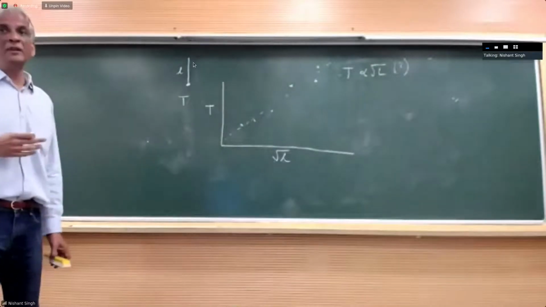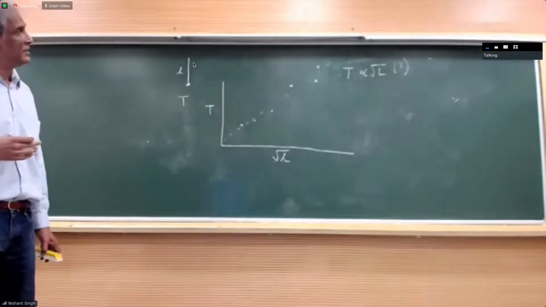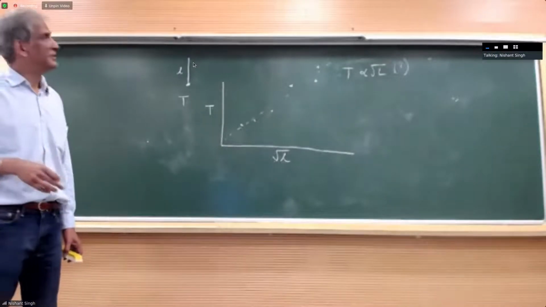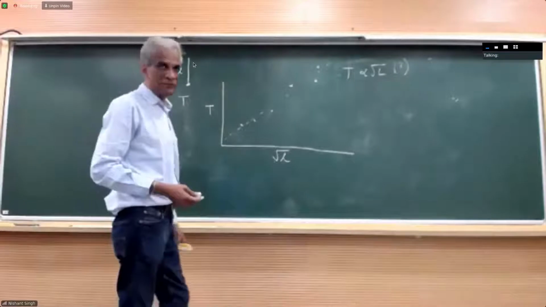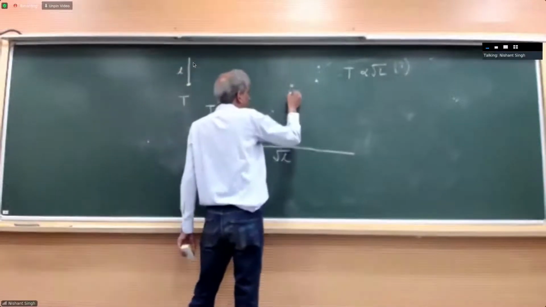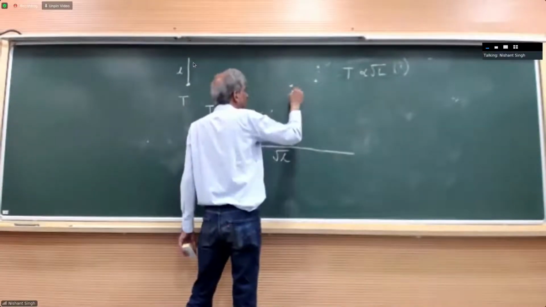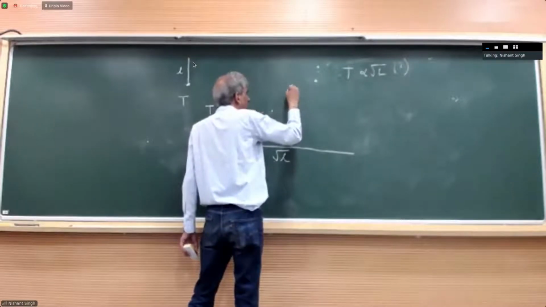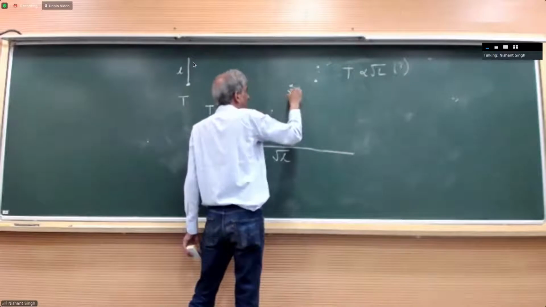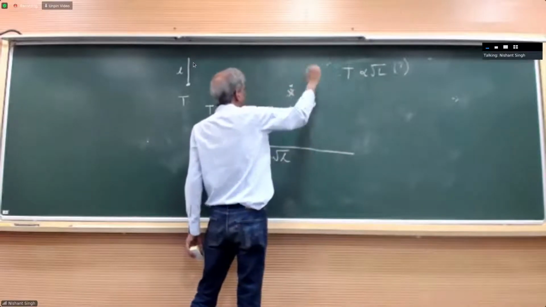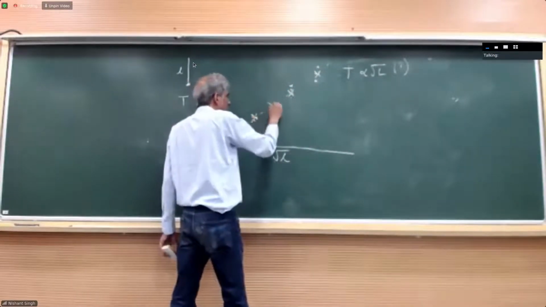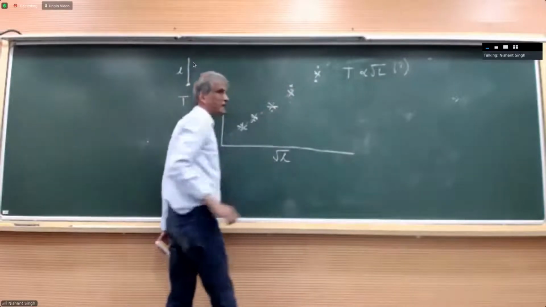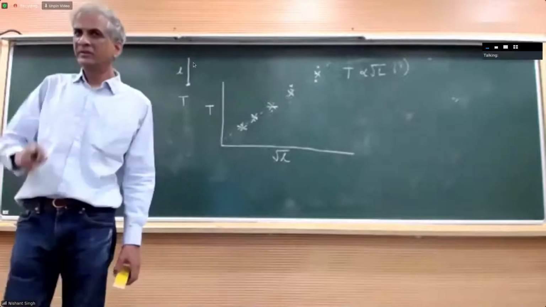The way out of it, you say, is: wait. P is proportional to root L in the sense that if I do this experiment many times and average these values which I get, then I'll get an average value, which I'll mark with a big cross. And this average value will go through the point. This is a tricky situation.